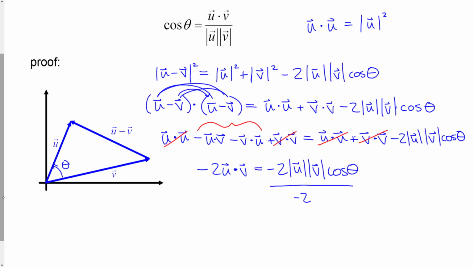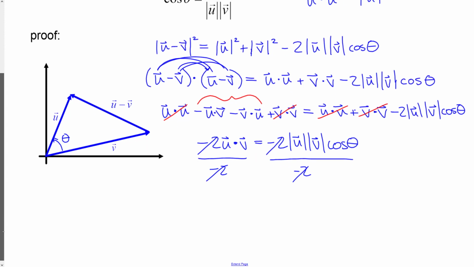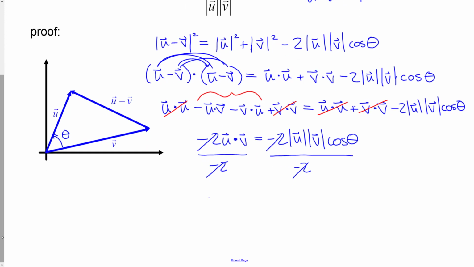If you divide both sides by negative 2, those negative 2's cancel, and we now have u dot v equals the magnitude of u times the magnitude of v cosine theta.